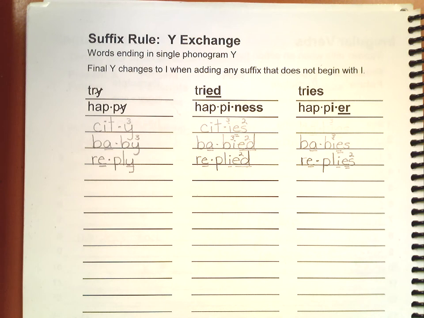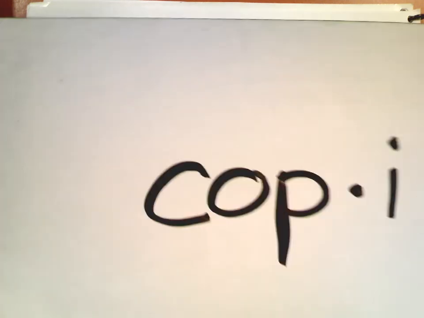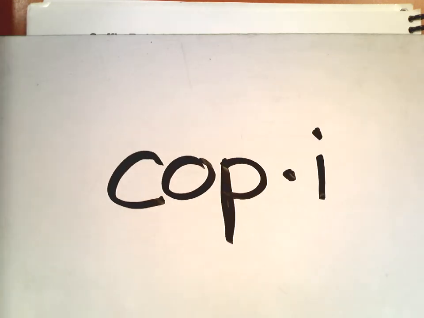All right, since we're adding S, and that's a suffix, and it does not start with I, what are we going to do to that Y at the end of copy before we add the suffix? All right, we need to trade it for an I. So what you should have so far would look like this.